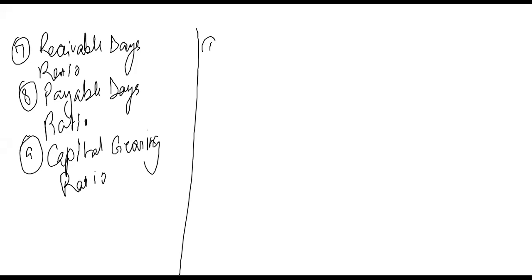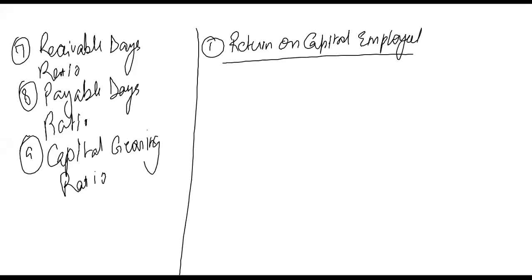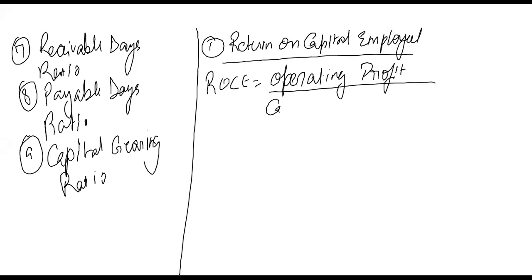The return on capital employed, ROCE, may be calculated by using the formula of operating profit divided by capital employed.